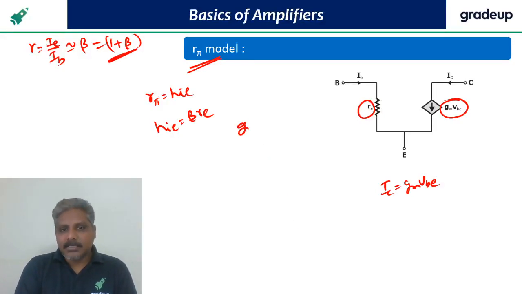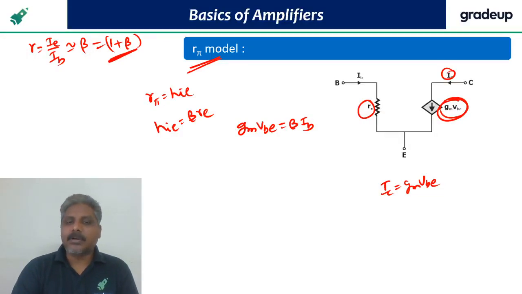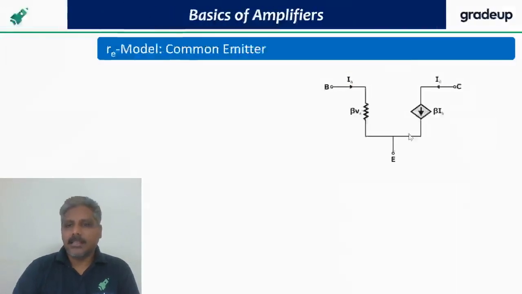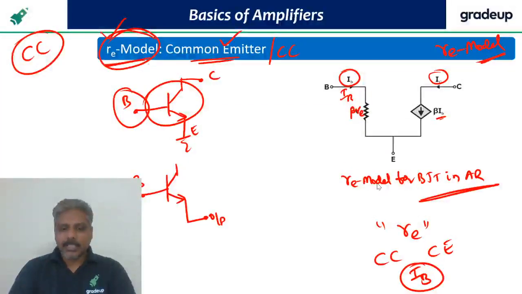Second is GM VBE is equal to, can I say beta times of IB? See here, IC is GM VBE. I am trying to have some relation between these parameters. Otherwise, one by one, let me explain. See here, IC is beta IB.